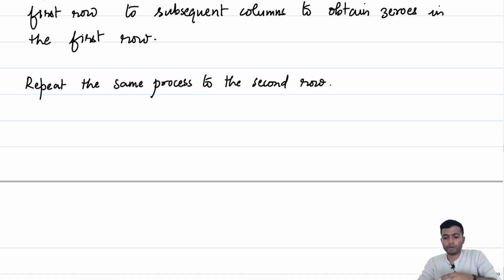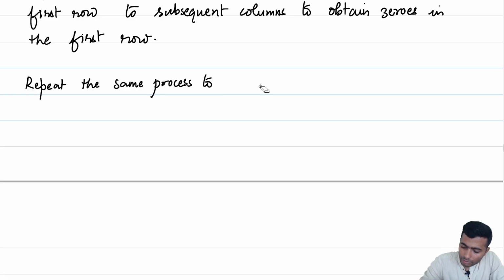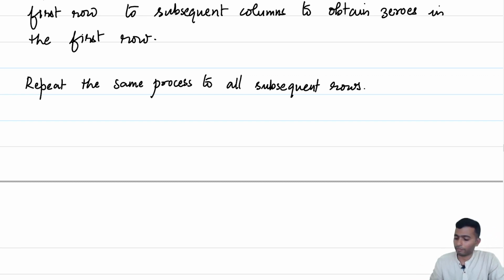This 1 will be in a different column from the one in the first row, and likewise for all subsequent rows. Finally, we obtain a matrix with every row containing a 1 in one of the columns and 0 elsewhere, and these ones are all distributed in different columns.